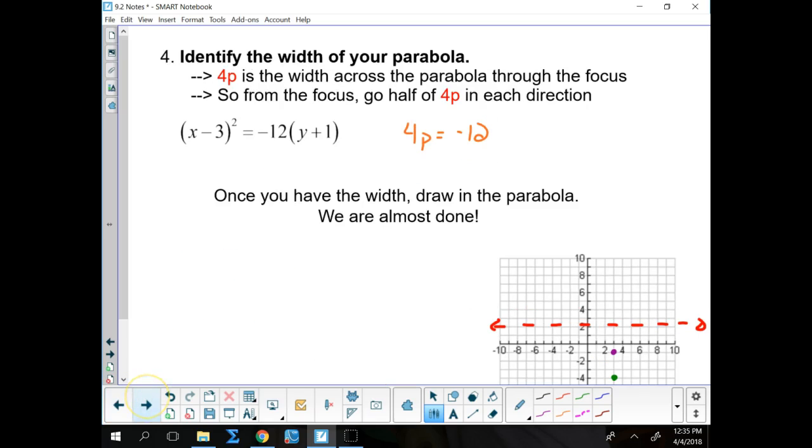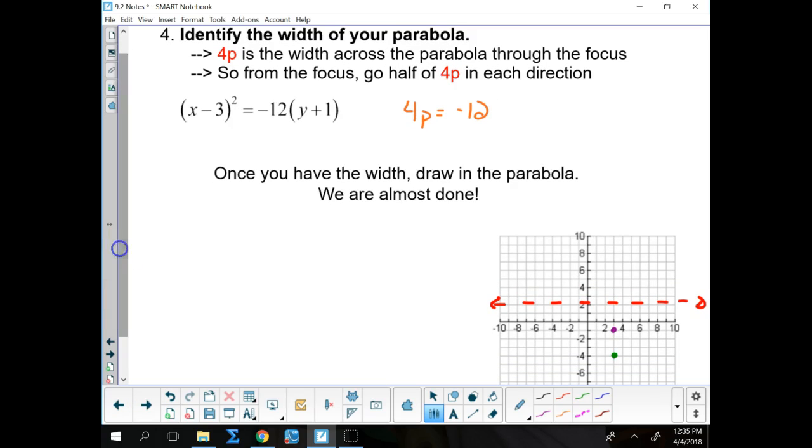So all I did there now is I just recreated what we had done in step number 3. Now, what step number 4 is saying is the width of my parabola, remember my parabola is opening down, it goes away from my directrix. The width of my parabola at the focus line. So at the focus, the width is 4p. 4p is 12, right?